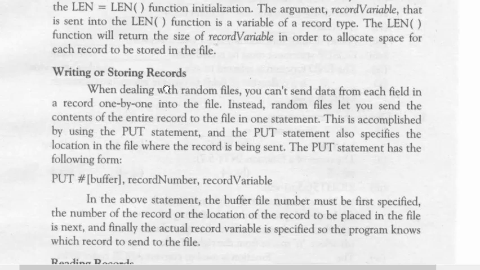The PUT statement has the following form: PUT #buffer number, record number, record variable. The buffer file number must be specified first. The number or location of the record to be placed in the file is next. And finally, the actual record variable is specified so the program knows which record to send to the file.